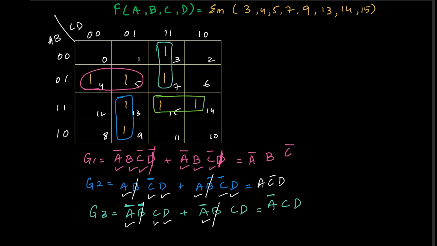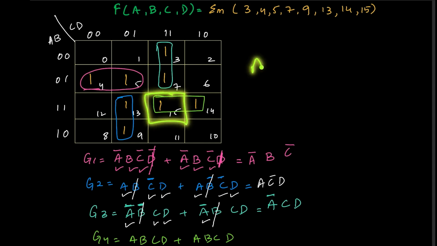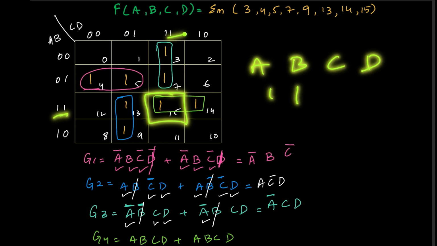Moving forward to group 4. In this group, again, we will write ABCD twice as there are two cells in the group. And what we do is check in this cell what the situation of bar is. It's 1, 1, 1, 1, so there will be no bar on any alphabet.